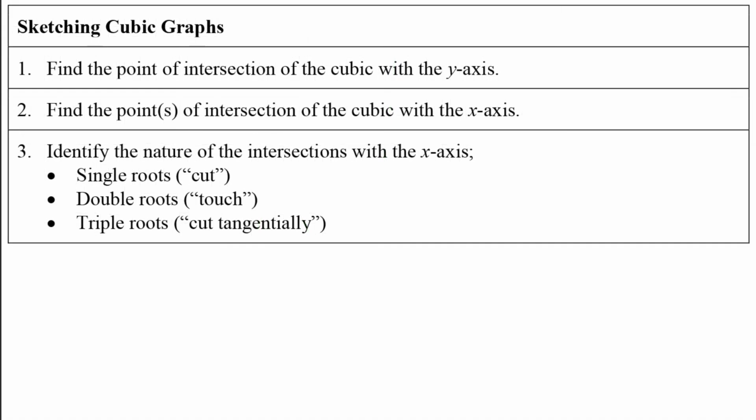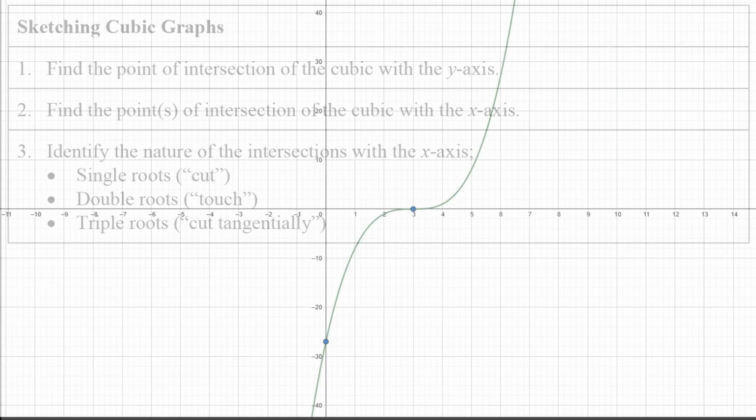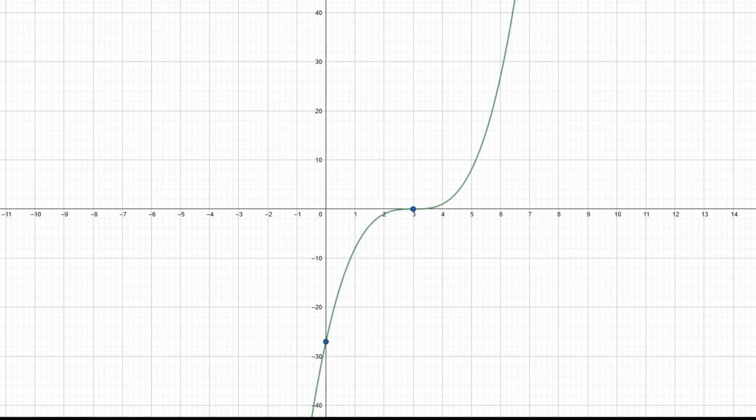If we have a triple root, one which is repeated 3 times in the factorisation of the cubic, then the cubic graph will cut through the x-axis at that point, but it will do it tangentially. It will level off to have a gradient of 0 at the point where it cuts through. Here is our example of that. Because the equation was y equals (x minus 3) cubed, the point (3, 0) is a point where the curve cuts through the x-axis tangentially.